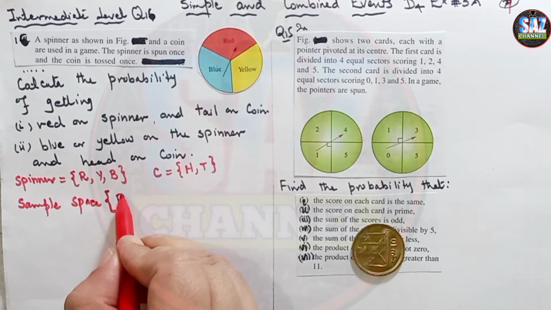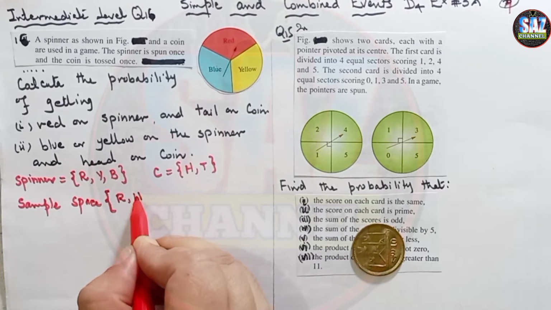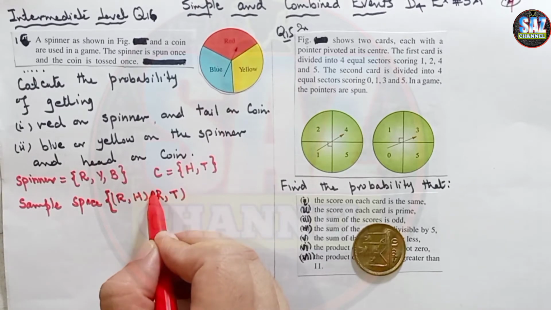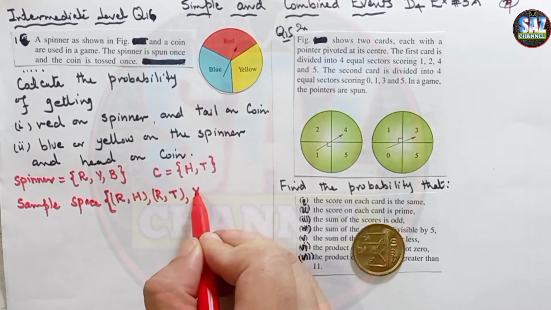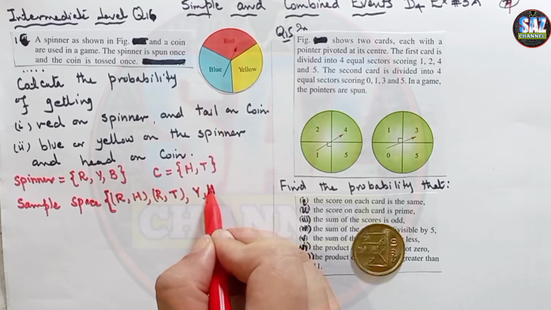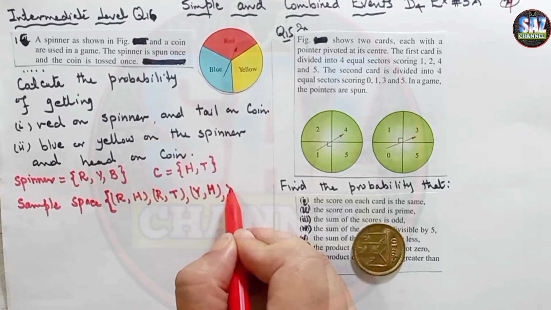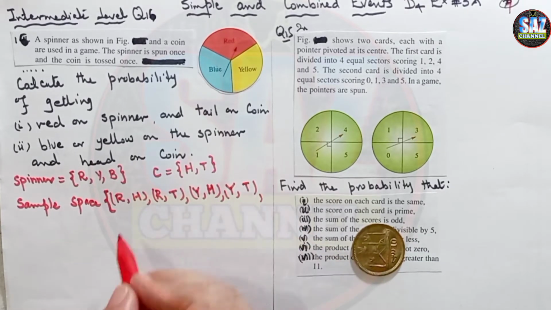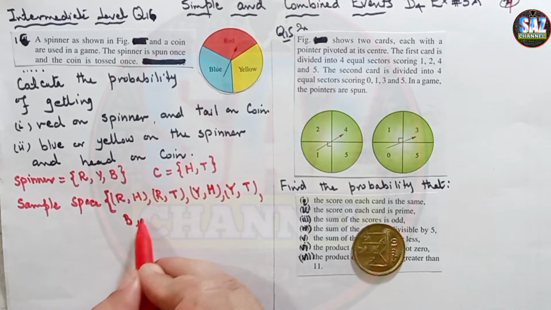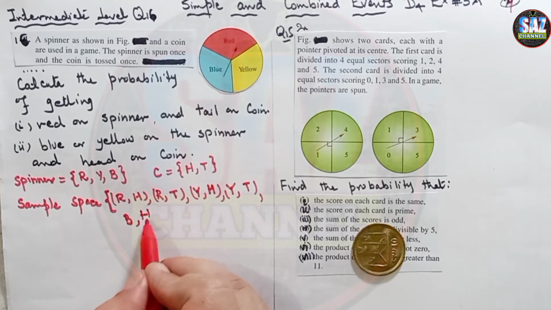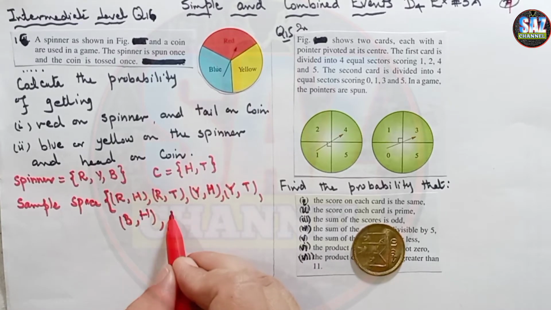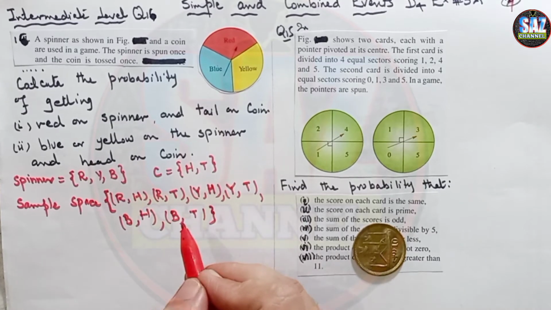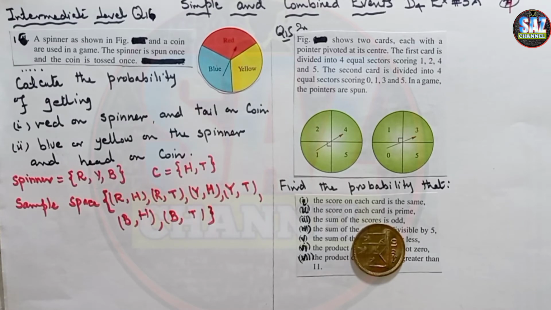So: red with head, red with tail, yellow with head, yellow with tail, blue with head, blue with tail. These are the possible outcomes when we are using these 2 gadgets together.